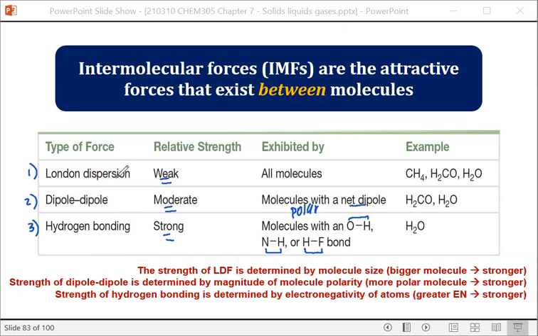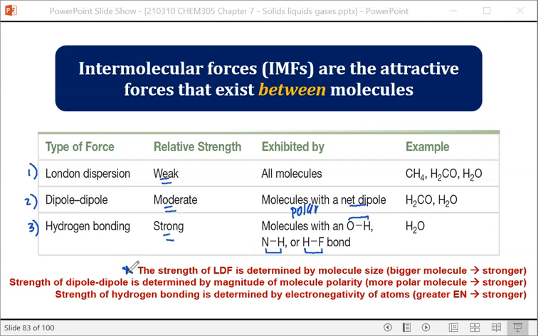So we have London dispersion, all molecules get that. Dipole-dipole, you have to have a dipole on your molecule, which means you have a polar compound. And then a special type of dipole-dipole bonding is called hydrogen bonding, which is the strongest type of IMF. And to hydrogen bond, a molecule has to have an oxygen to hydrogen bond, a nitrogen to hydrogen bond, or a fluorine to hydrogen bond.